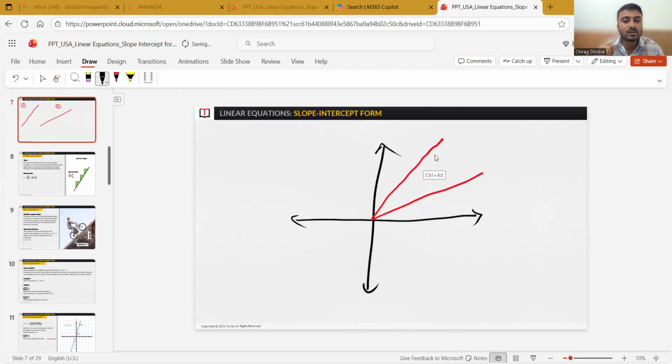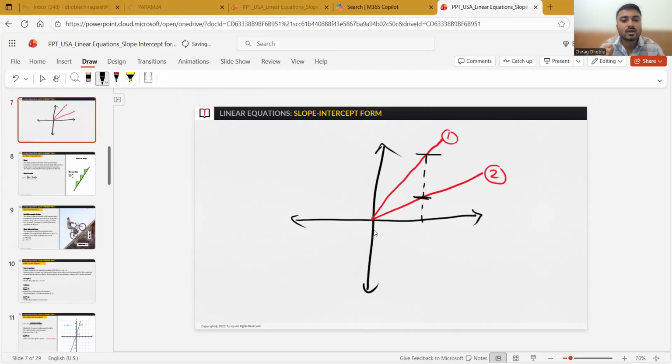One thing you need to understand is that for the same spot, let's say this is the spot, the vertical distance traveled by the first line, let me name the lines, this is the first line and this is the second line, is this much till here. The vertical distance traveled by the second line is till here.